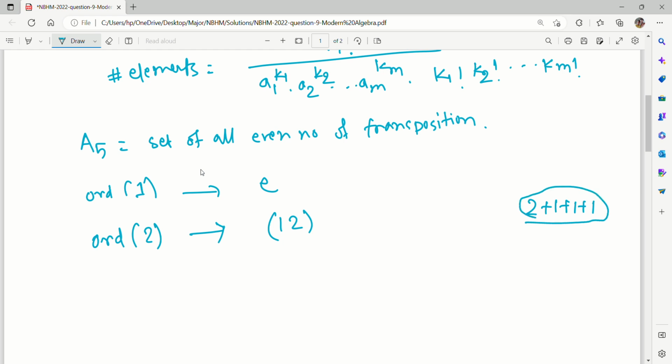It does not belong to A5 because the number of transpositions has to be even. So we have to include one more cycle to get order 2. What is the cycle type? 2 plus 2 plus 1.